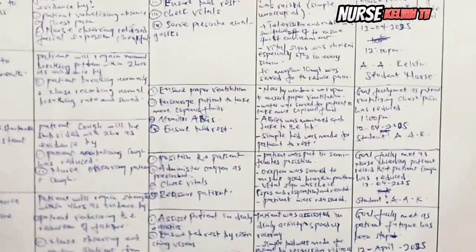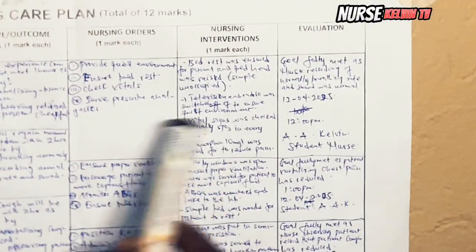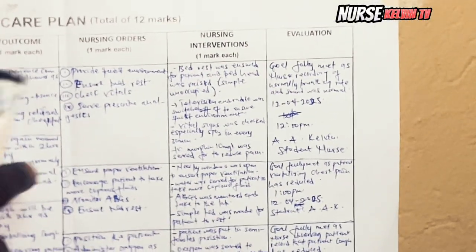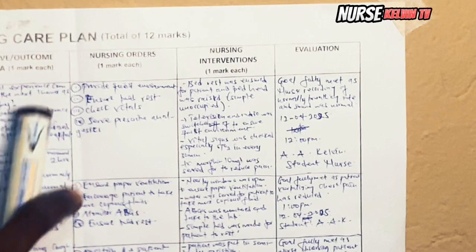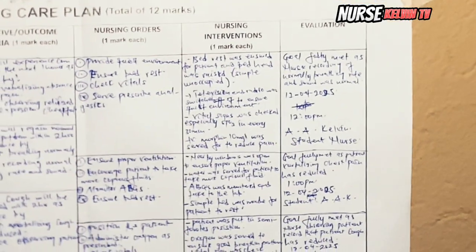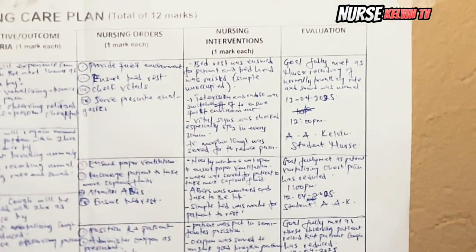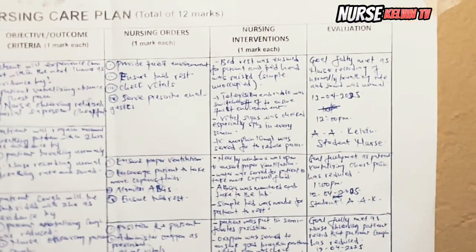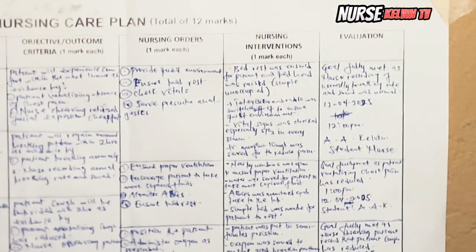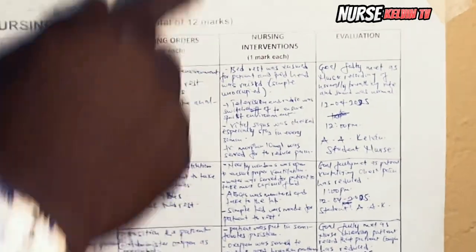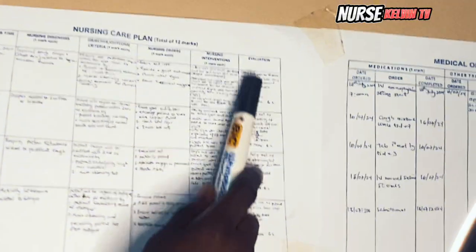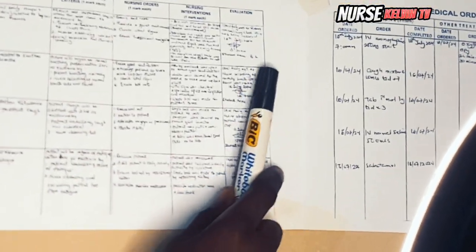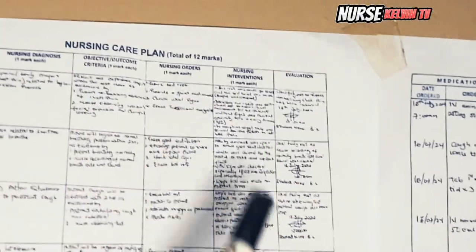The evaluation is about the outcome criteria and the objective: how far did it go? How did you achieve it? Were you able to achieve it or not? If you were able to achieve it, then goal fully met, as the patient verbalizes that the chest pain has been reduced.